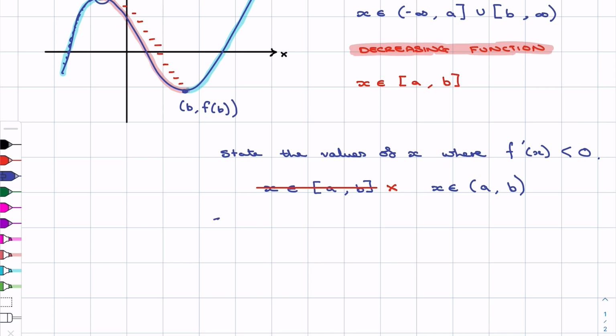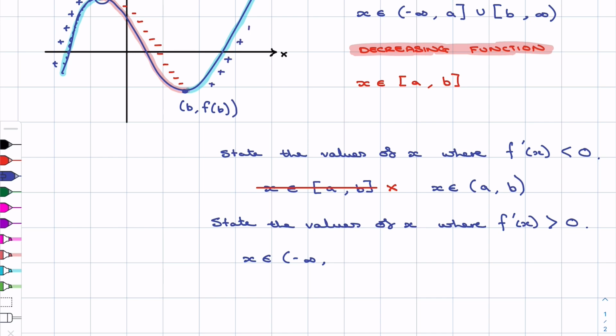Okay, we could also say: state the values of x where f dash x is greater than 0, and this would be x belonging to, we would run from negative infinity, and remember we're going to have positive gradients running in this region and positive gradients running in this region, but we are going to put a, but not include a, so it's going to be exclusive, in union with b to infinity.